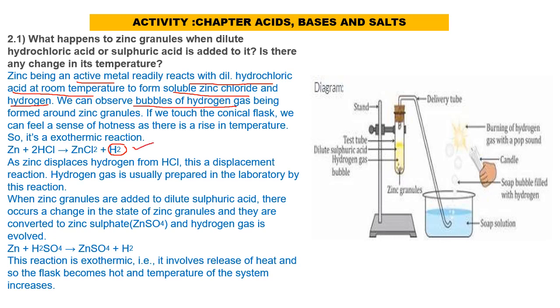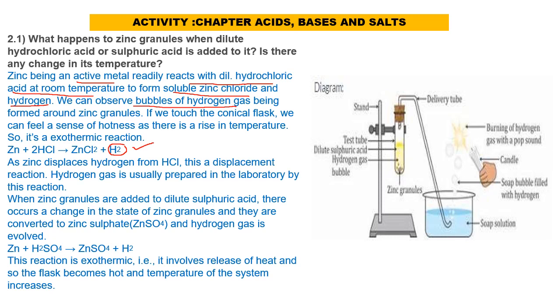Clear? So this hydrogen gas is collected by the delivery tube, and you can see that it is collected in a soap solution. Okay, when it is collected in a soap solution, you will find the bubbles coming out.